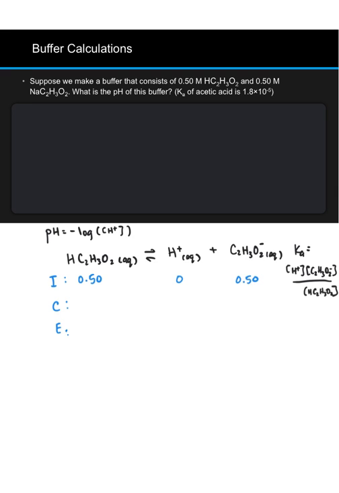We're going to ignore the contribution of the autoionization of water because it produces such a sparingly small amount of H plus. Therefore, this reaction will proceed in such a way that acetic acid generates some H plus. We lose X amount of this, gain X of our products.